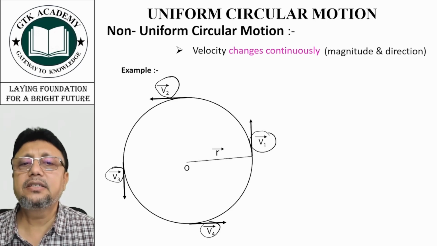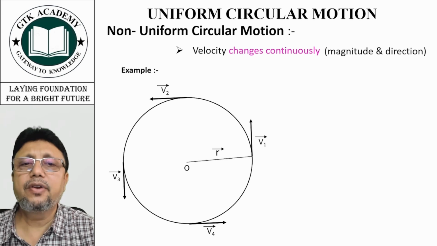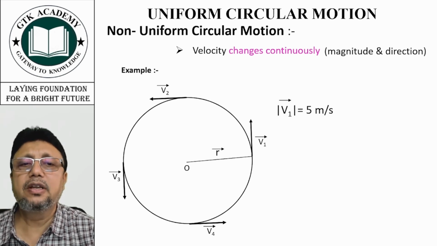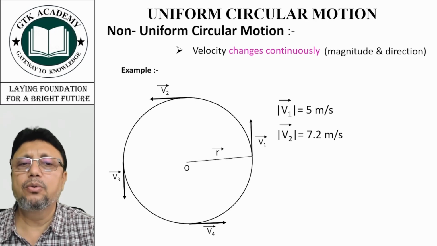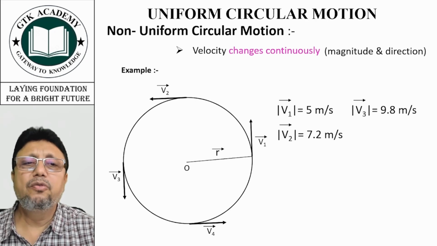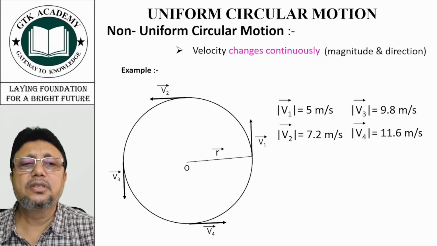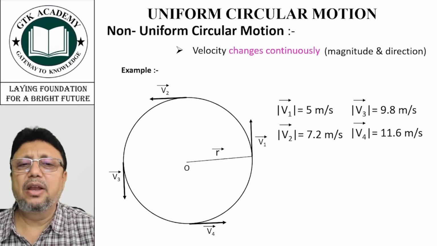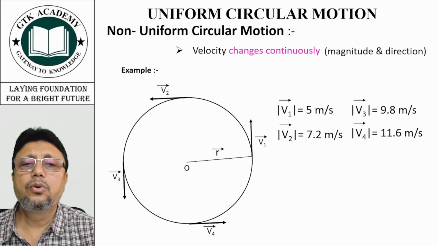But in this case, they can be different. Say if mod of V1 is 5 meter per second and mod of V2 is 7.2 meter per second, it can be any value. We are just taking arbitrary values. V3 is say 9.8, V4 is 11.6 meter per second. Any value. These are just to explain to you.